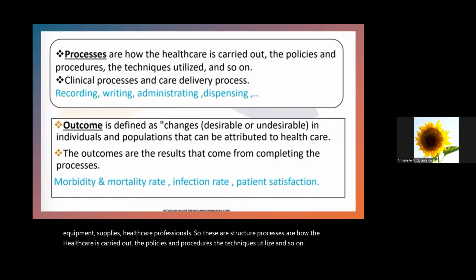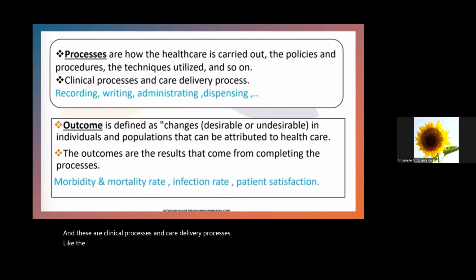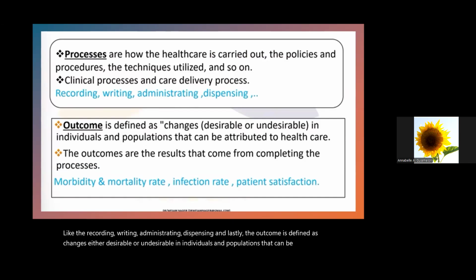These are clinical processes and care delivery processes, like recording, writing, administering, dispensing. And lastly, the outcome is defined as changes, either desirable or undesirable, in individuals and populations that can be attributed to healthcare. The outcomes are the results that come from completing the processes. Examples are morbidity and mortality rate, infection rate, and patient satisfaction.